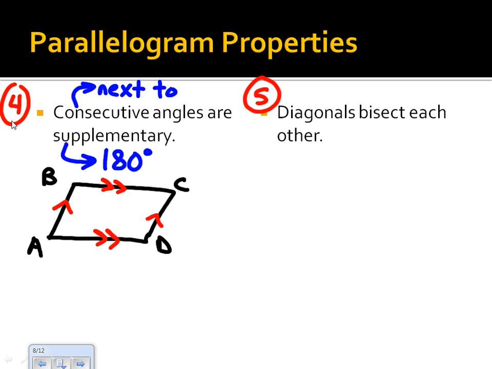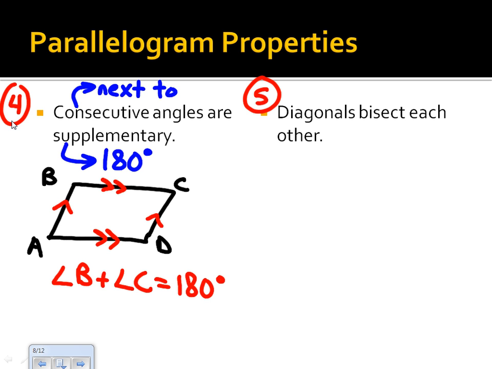Okay. So consecutive angles. Name 2 that would be consecutive here, or in a row. Which one? BC would be fine. So angle B plus angle C then would equal what? 180.